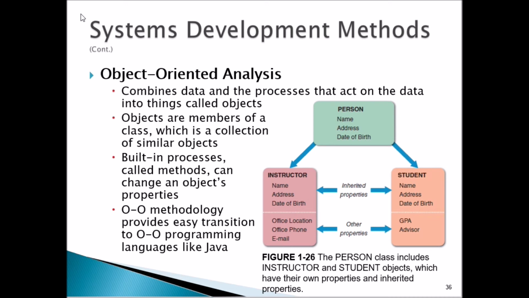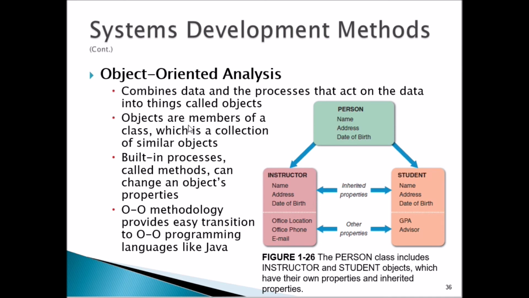A student will have a GPA where an instructor will not, and an instructor will have an office location where a student will not, so those are other properties. The object-oriented methodology provides an easy transition to object-oriented programming languages such as Java, such as C++. There's many object-oriented languages, and that's really the direction that we're going these days.